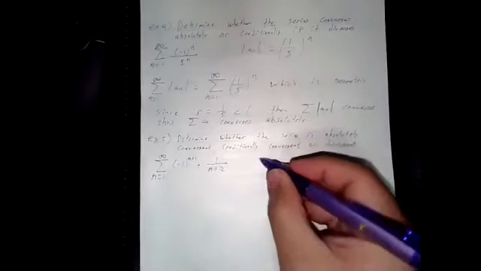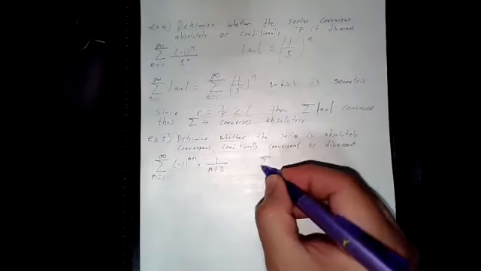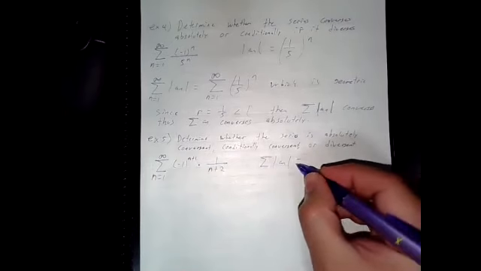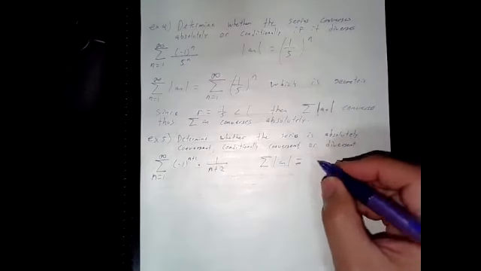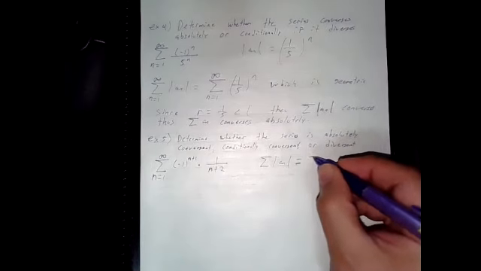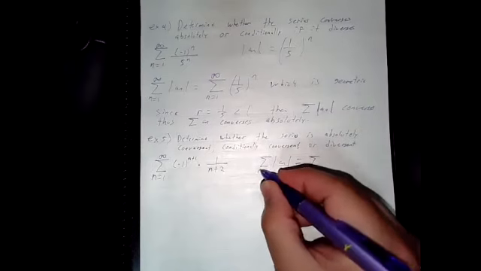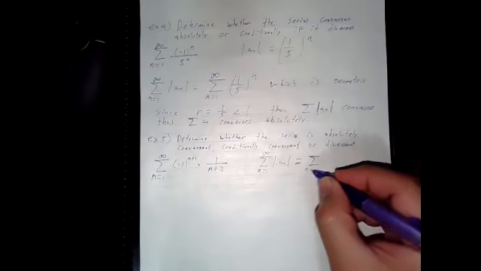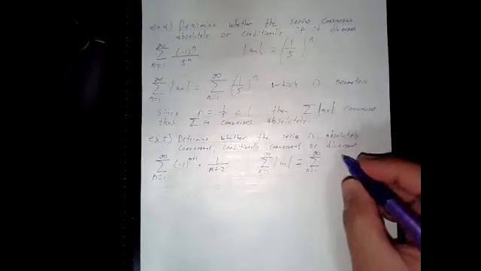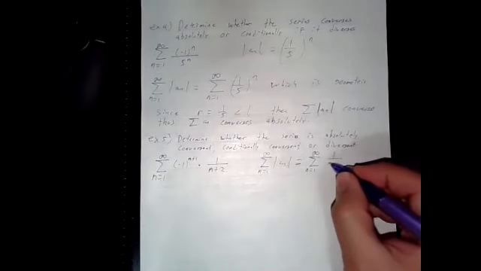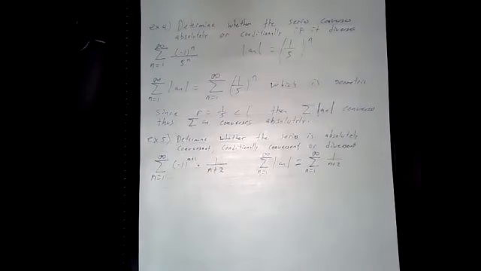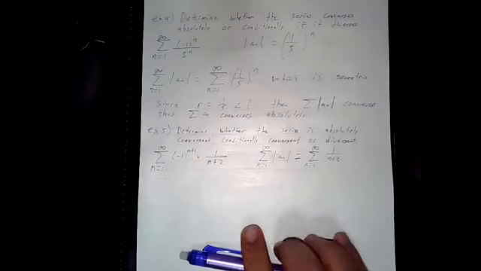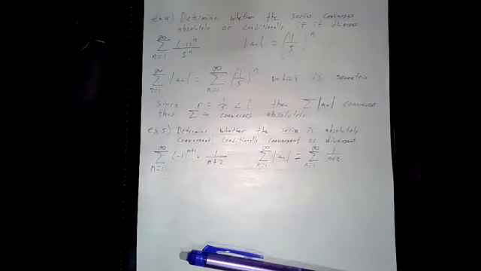So the absolute value of a sub n is equal to this.